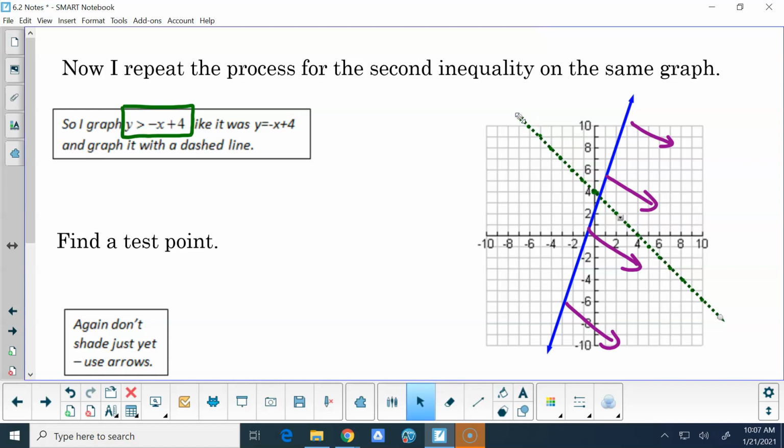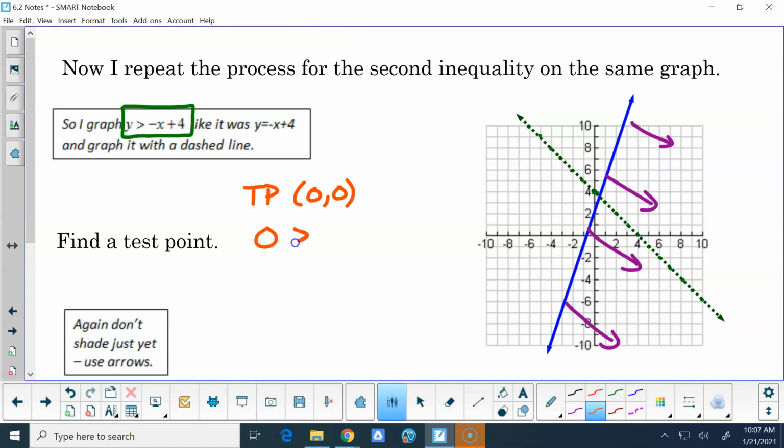Again, we find a test point. Again, this one doesn't go through the origin, so that's the best one to choose. But you could choose any place as long as it's not on that green dashed line. Plugging it back in, 0 is greater than negative 0 plus 4. 0 is greater than positive 4.